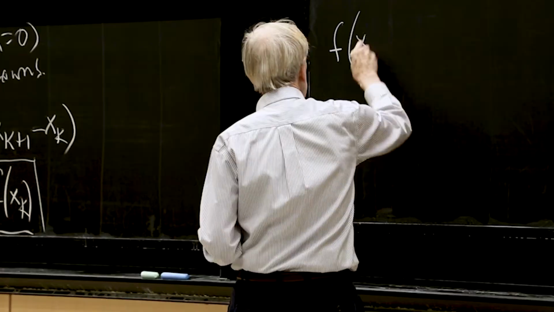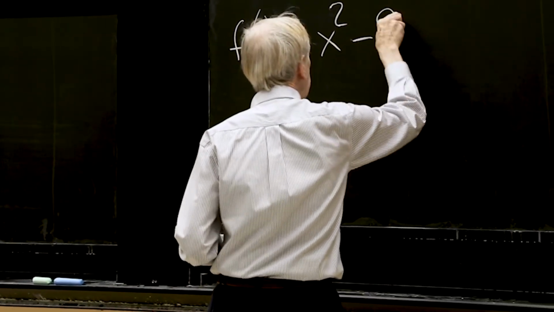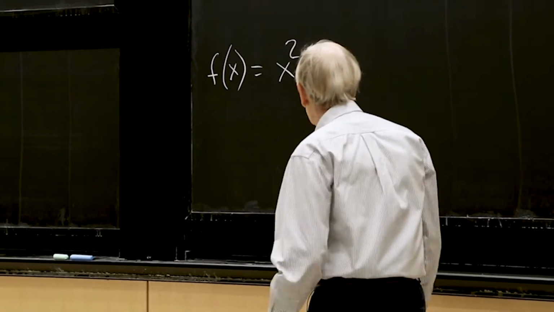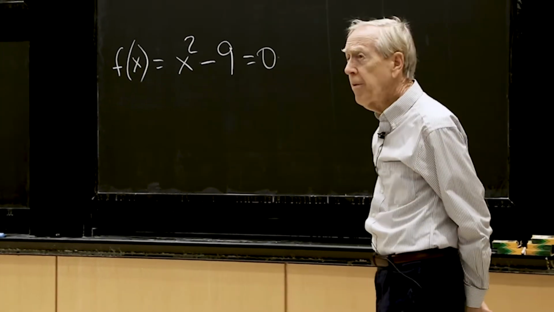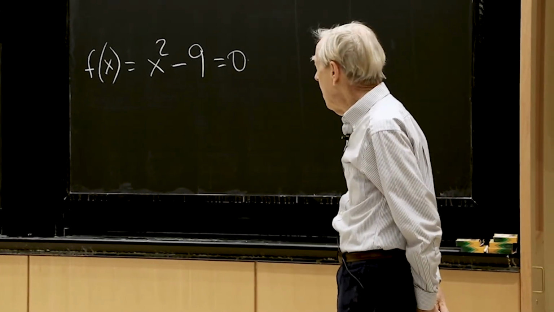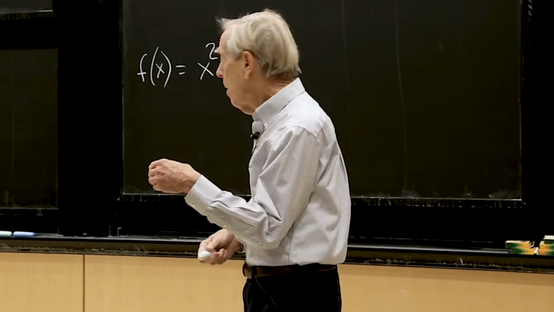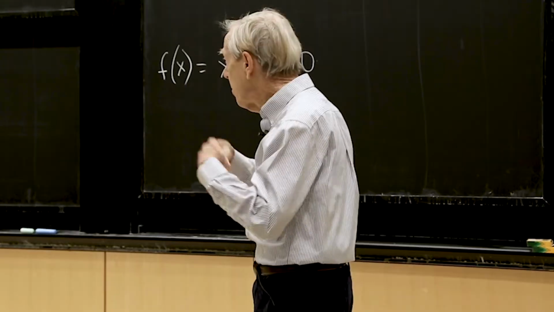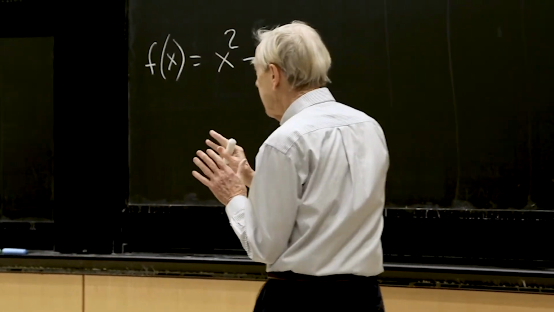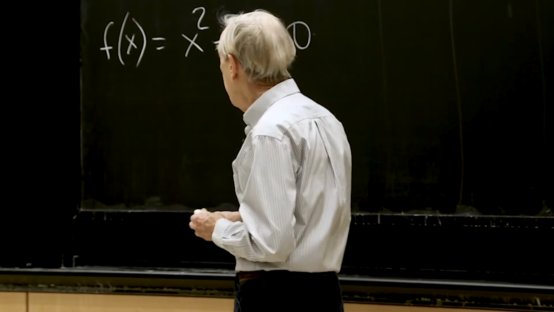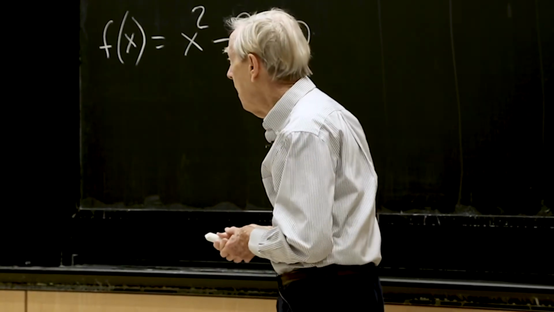So suppose my function is x squared minus 9, and I want to solve f of x equals 0. I want to find the square root of 9. So what is Newton's method for it? My point is just to see how Newton's method is written and then rewrite it a little bit so that we see the convergence. Of course the Jacobian is 2x.